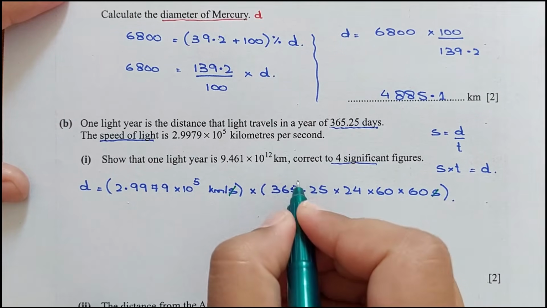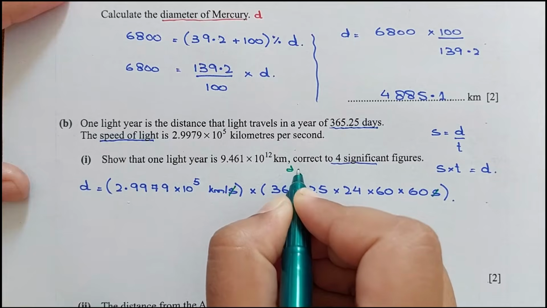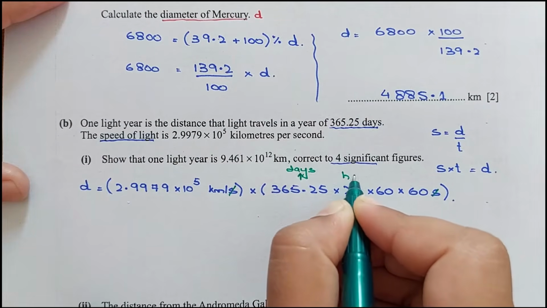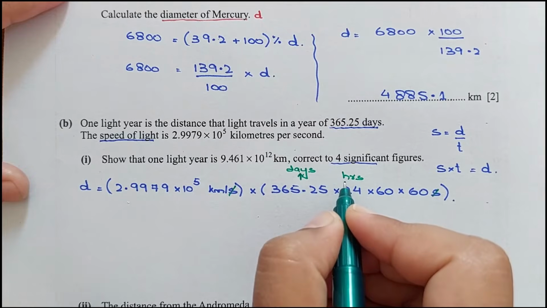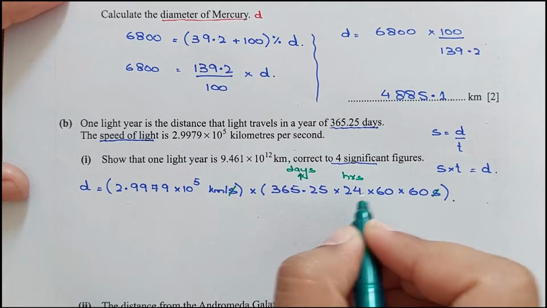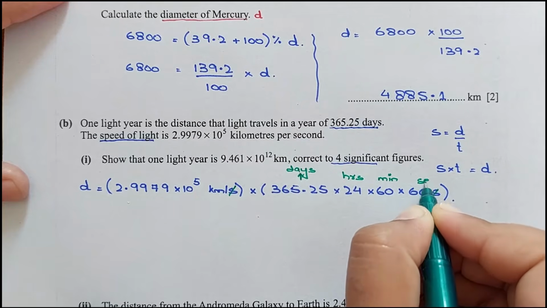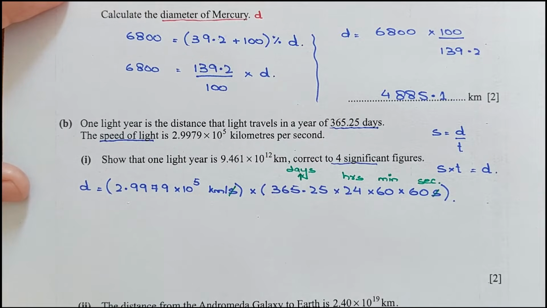So let me explain. This is in days. I convert the days into hours because 1 day has 24 hours and 1 hour has 60 minutes and 1 minute has 60 seconds. Now just simplify.